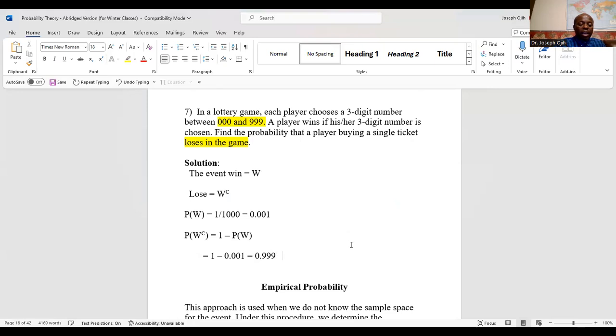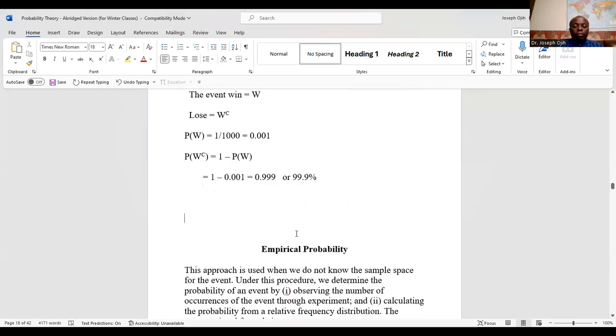Or I can say that the player has a 99.9% chance of losing the game. Any questions on this one? Excellent, no question. Good.